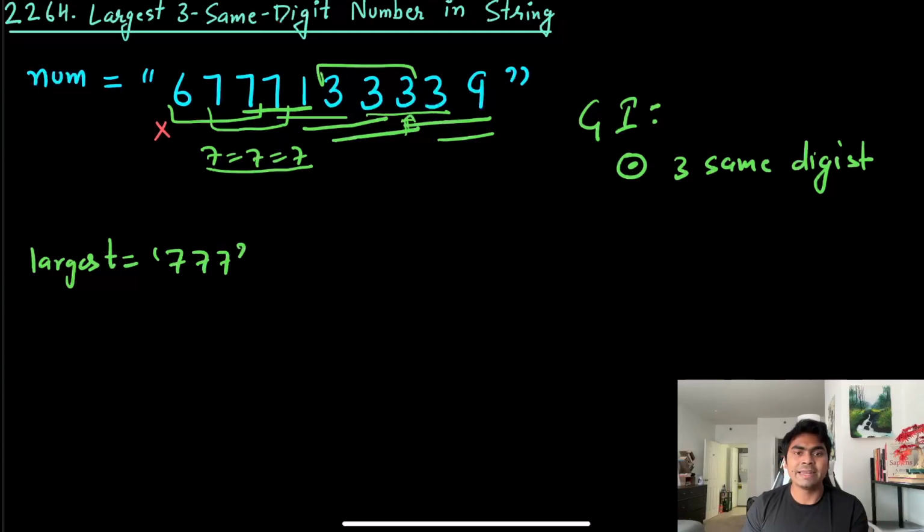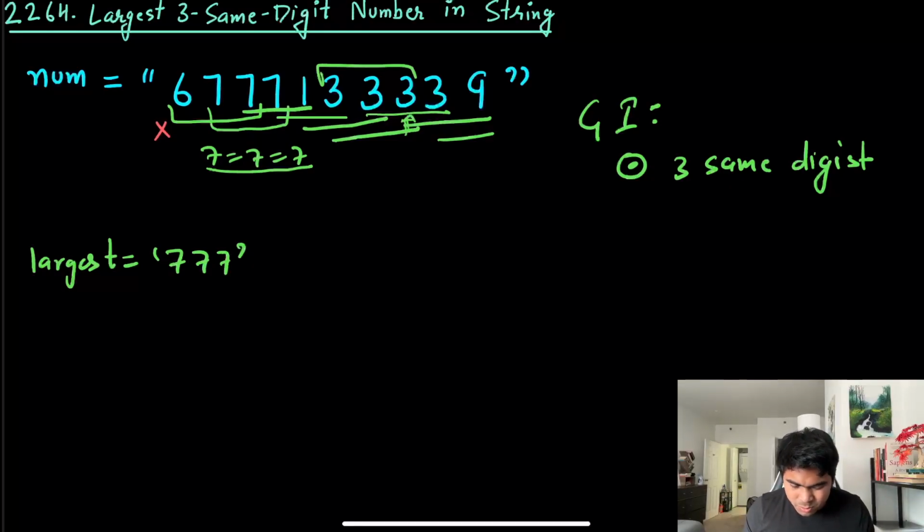Basically, a sliding window of three integers at a time. We can start our iteration at 0 and go up to length minus 2. That will take us to the third last index, and then for each index we check the number next to it and the number next to that, and if they are all equal, then we can update our largest one.